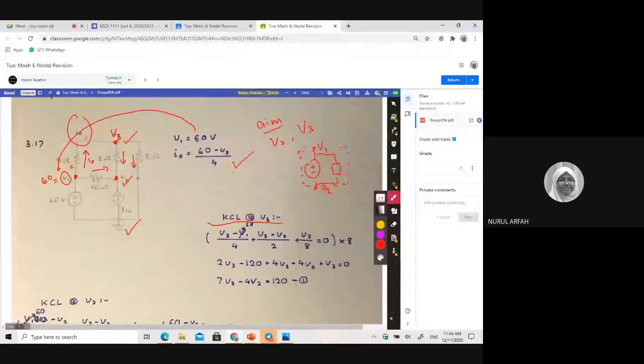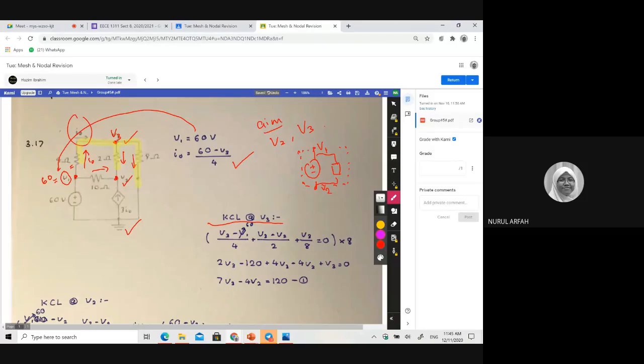Okay. So KCL at V3, you have 3 elements attached to this. So where are those elements? You can use your highlighter if you have. Then these are all 3 elements attached to V3. Okay, let's check your answer.